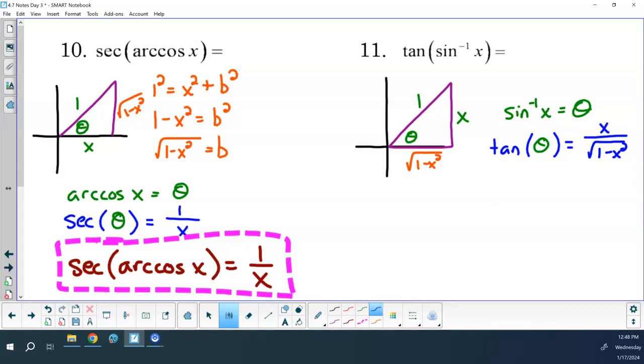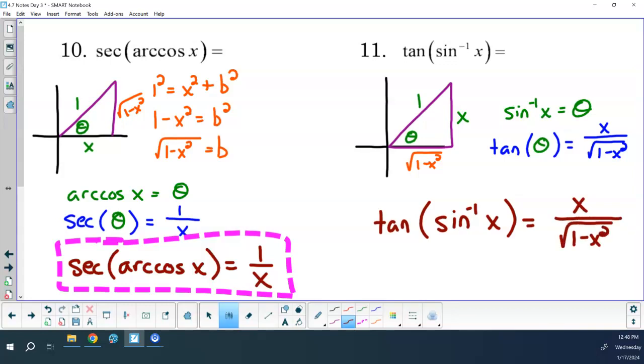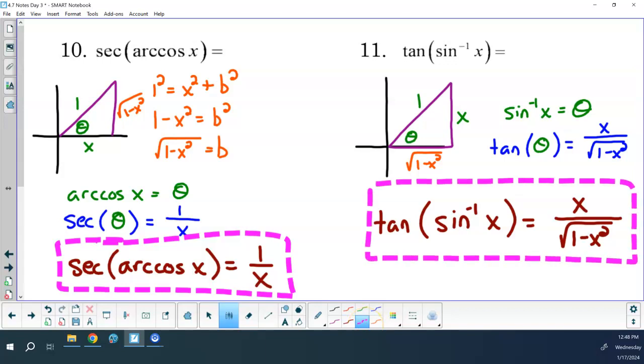Even though these are on the unit circle, we are not requiring you to rationalize the denominator. We're okay with the algebraic ones being non-rational.